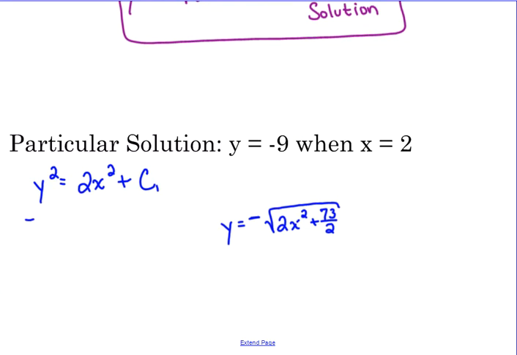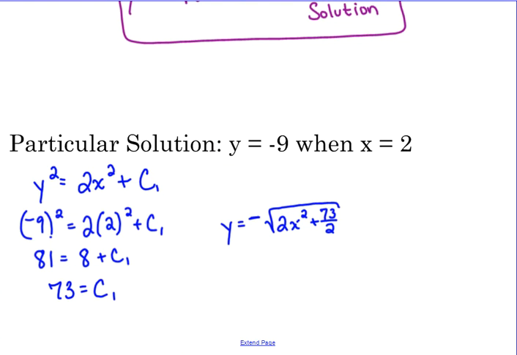I think this is the better step. So we've got 81 is equal to 2 squared is 4 times 2 is 8. So we get just 73. I think that, yeah, that's right. Instead of 73 over 2, it should be just 73.